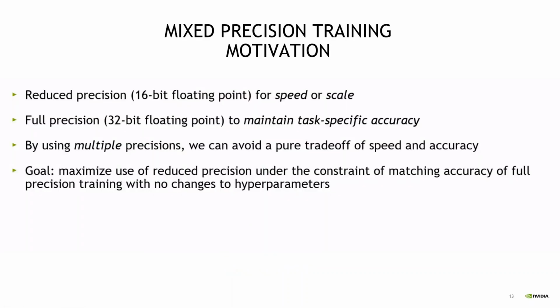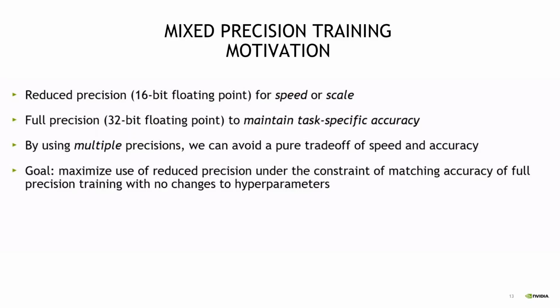Okay, let's talk about mixed precision now. As we saw, we have multiple precision formats, and the core idea in mixed precision training is that we want to use reduced precision numbers to make things faster and to build bigger models, to use bigger mini batches and so on. We will use reduced precision FP16 as much as possible for speed and scale. But at the same time, we will identify the parts of the model that need full precision, and we'll use FP32 in these parts.